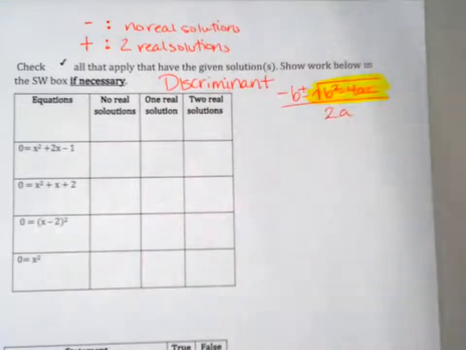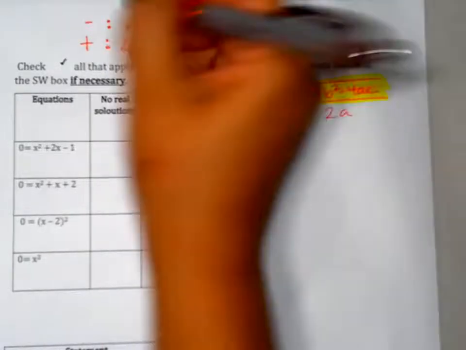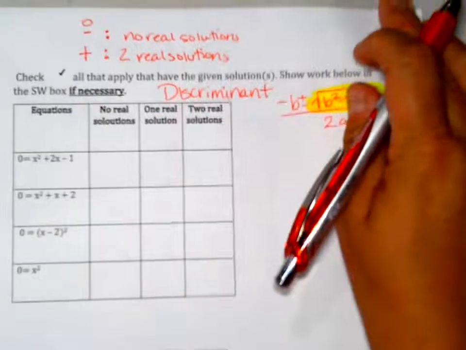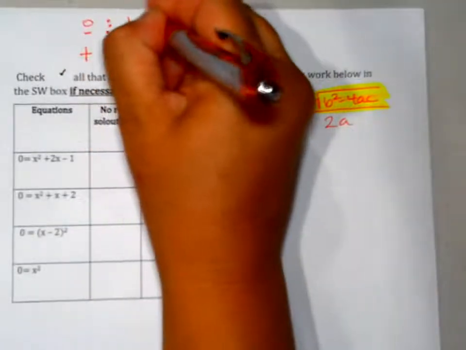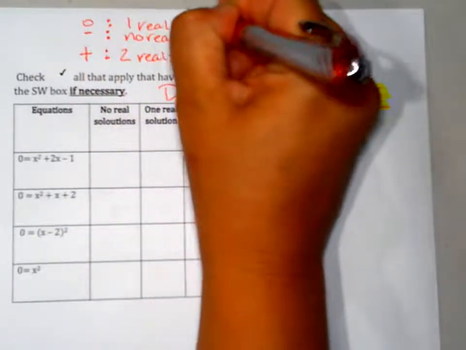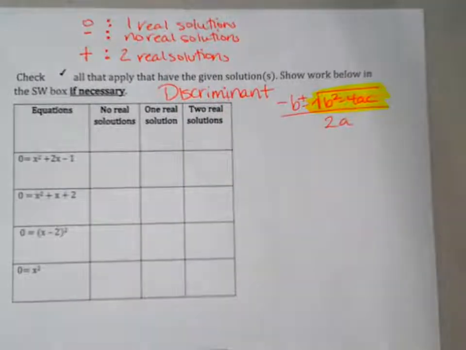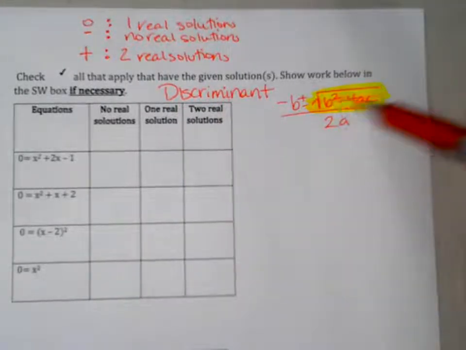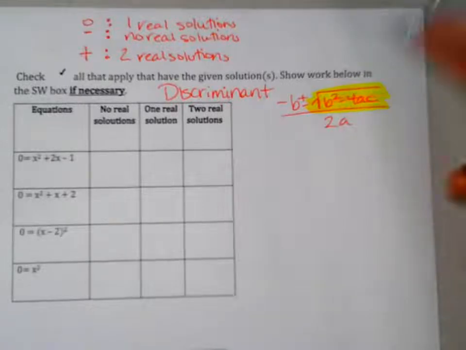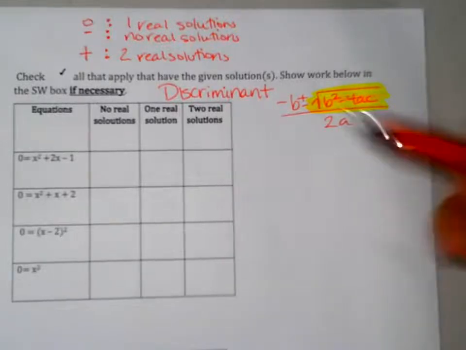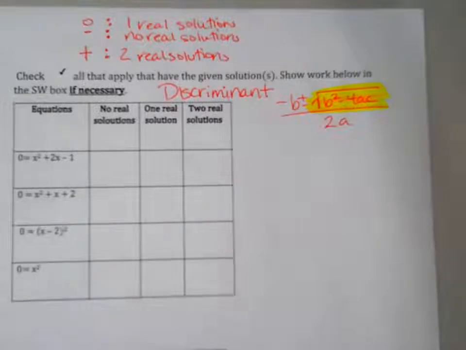And a 0 for your discriminant, you get one real solution. That's what you're looking for on here. So all you're looking for is to solve this little piece, figure out if it's positive, negative, or 0, and then you will be able to figure out your solutions.